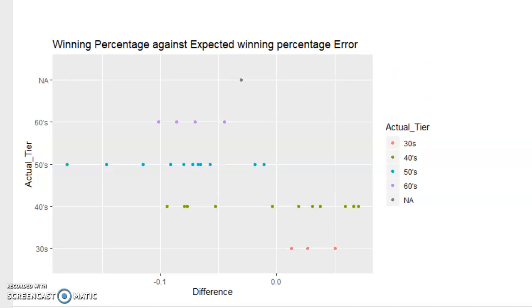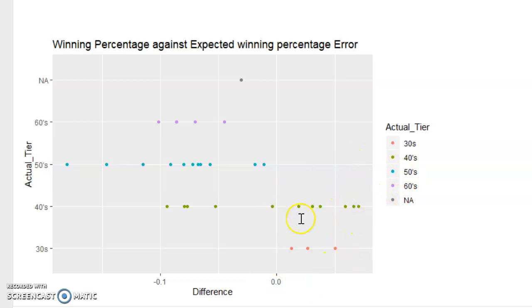And then our last set of graphics, the winning percentage against expected winning percentage error. So basically this is what actually happened. So what actual bin area they're in, and then the difference from expected. When we recall that first linear regression model, we saw that only lower teams had a higher difference, or a difference above zero, and that's true for teams in their 30s and 40s.